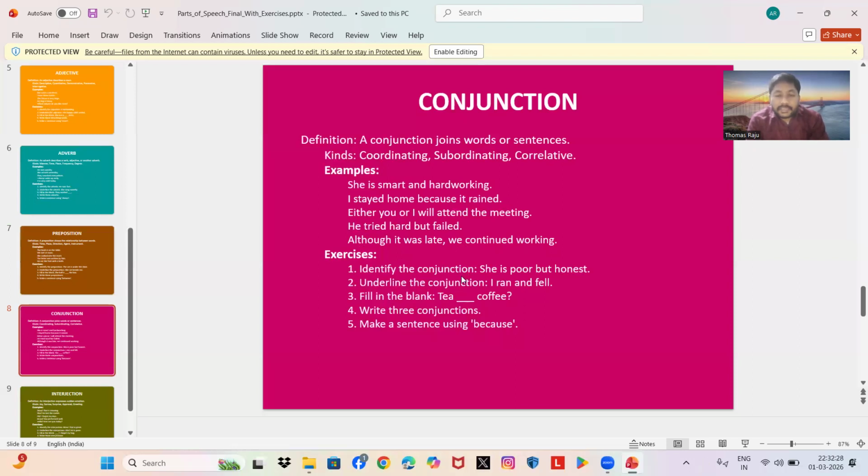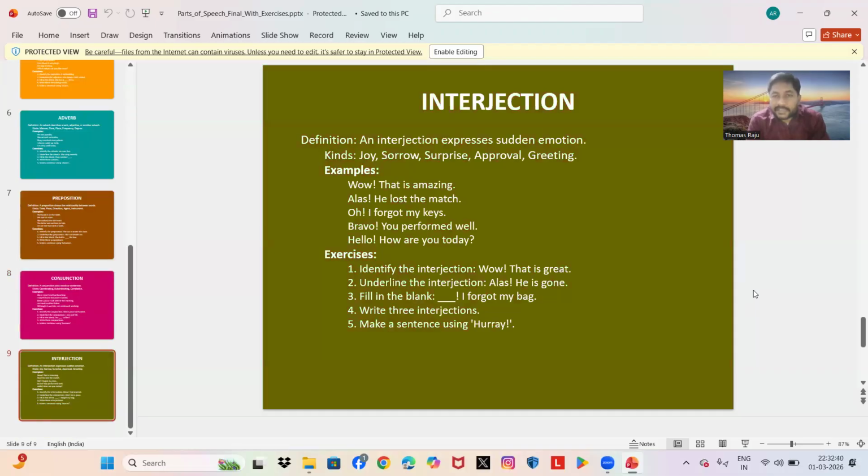See these exercises so that you can become perfect and reinforce the concept of conjunction. Now let us see the next part of speech, that is interjection. Don't confuse, it's not injunction or injection, it is interjection.